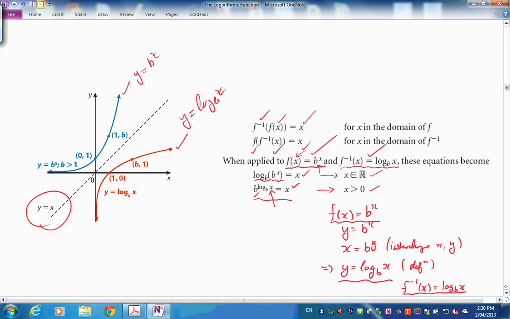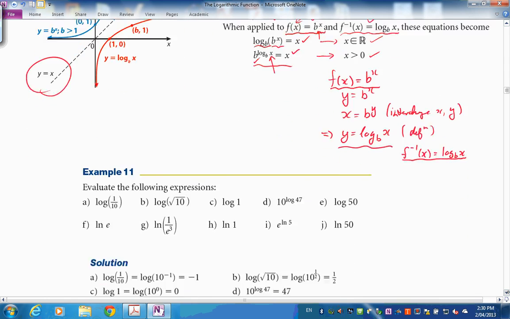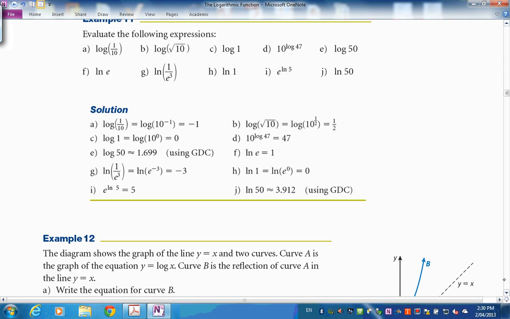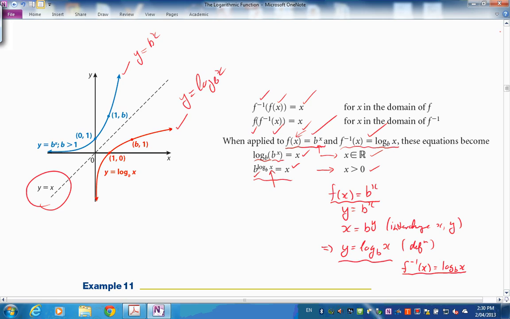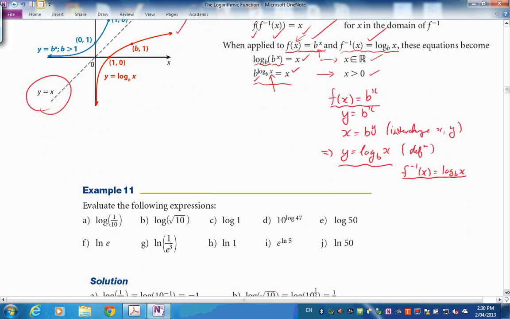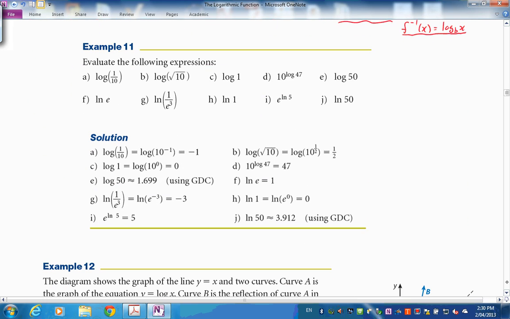Alright, so let's go on and develop it a little bit more and do some more examples of what we can do here. So just coming down, example 11, evaluate the following expressions. Now here, this is still using the same two rules. First of all, if y equals log to the base b of b to the x, the answer is x.